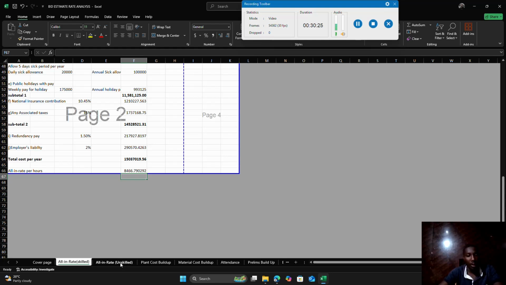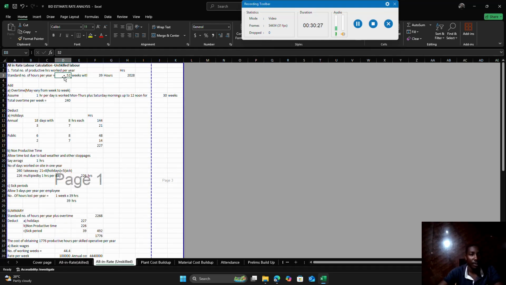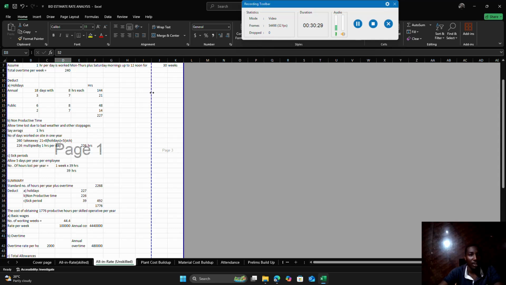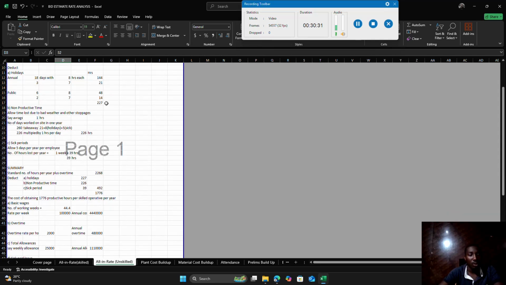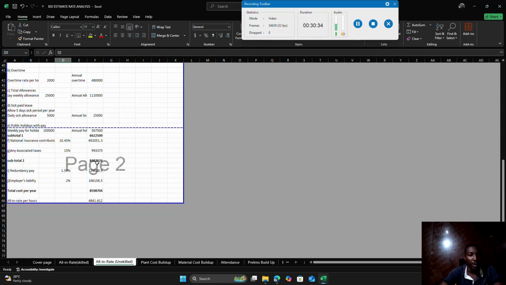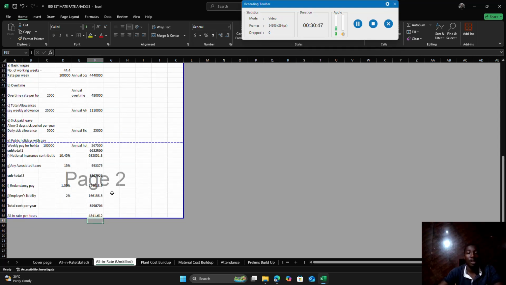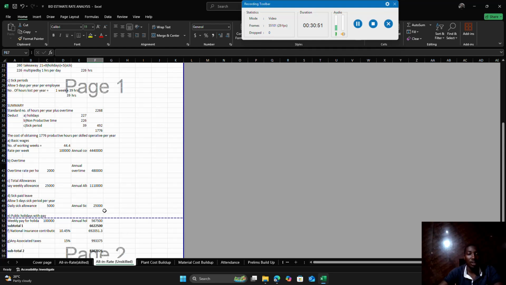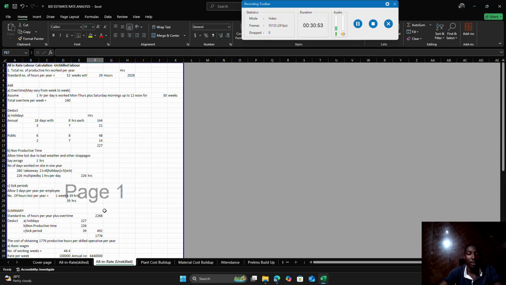So when we run the same calculation for unskilled labor, same formula and same process, you find out that for employing a helper, mason, we shall be paying them 4,841 shillings per hour. Yeah, so that's how we carry out an all-in rate calculation for labor.